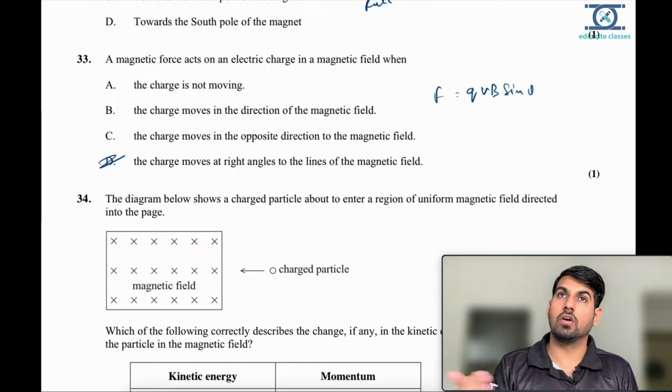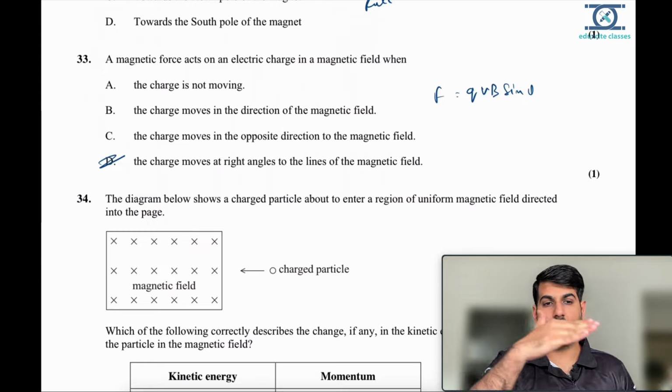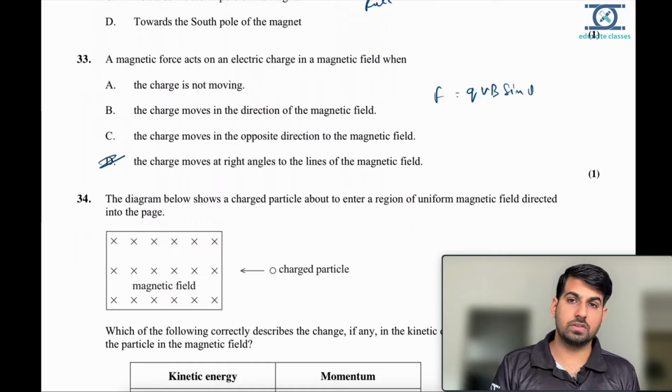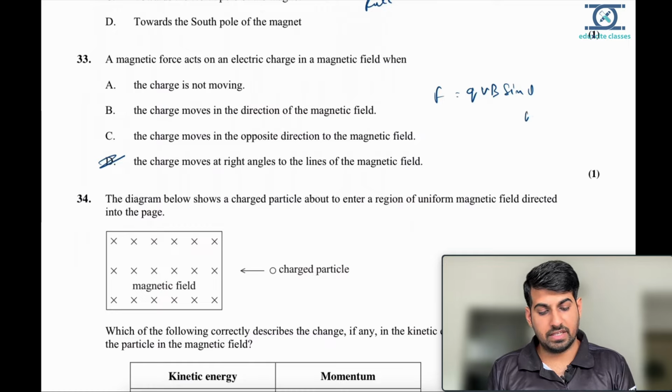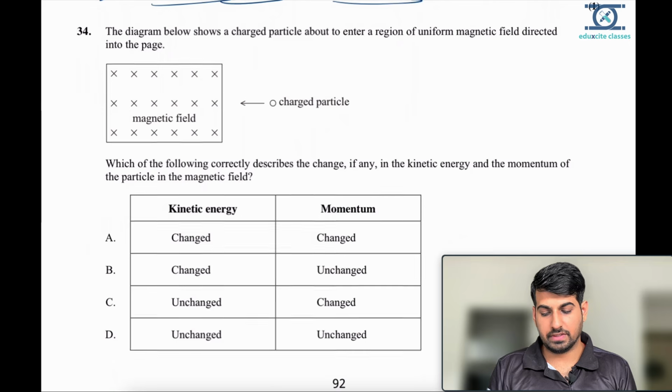If they are along the magnetic field, either parallel or anti-parallel, theta will be 0, sine 0 is 0, so no force. If a charge is not moving, velocity is 0, then also no force. The maximum will be when theta is 90 degrees, where theta is the angle between the magnetic field and the velocity of the charge. Okay, I hope you know this.